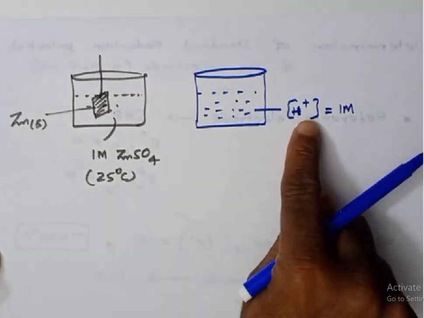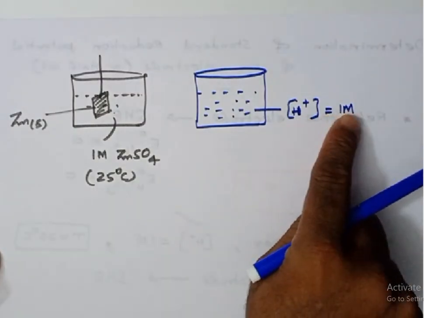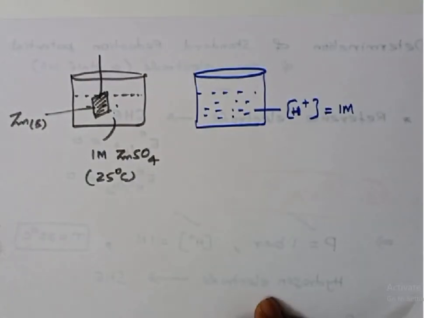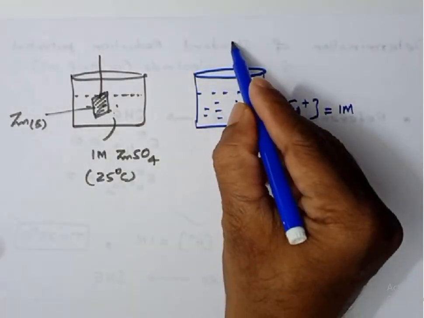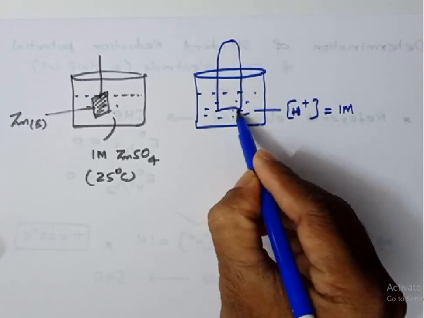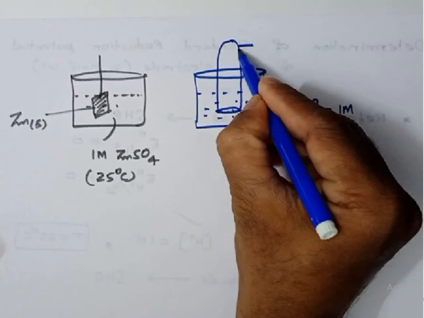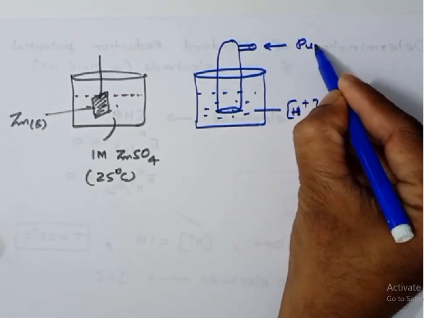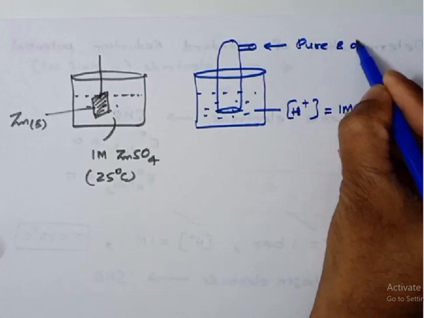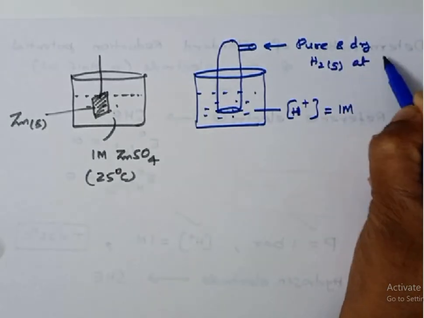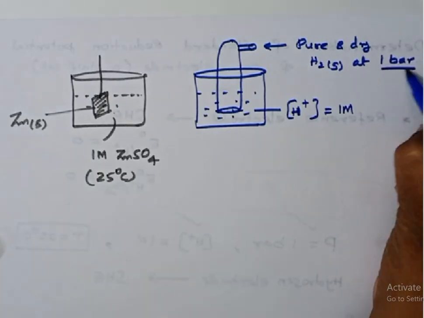So I'll use H plus ion concentration as 1 molarity instead of activity. Then immerse a glass tube, which we discussed in the last class, and here there is a valve. Through this valve we pass pure and dry hydrogen gas at 1 bar pressure.